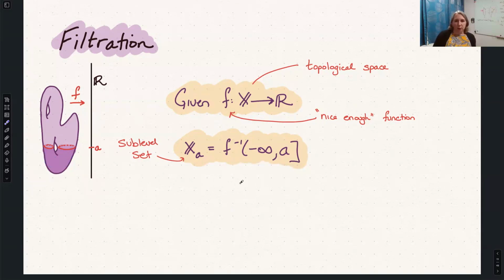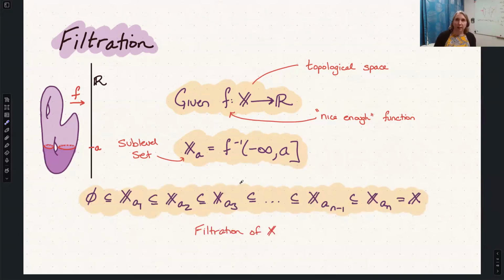And so the game is, I can look at the sublevel set for a bunch of different choices of a. Sorry, this should probably have something on the bottom, which is that a_i is less than a_{i+1} for all of these things. But I can take a bunch of these stopping points and build up my topological space slowly using this function that I've defined on it.